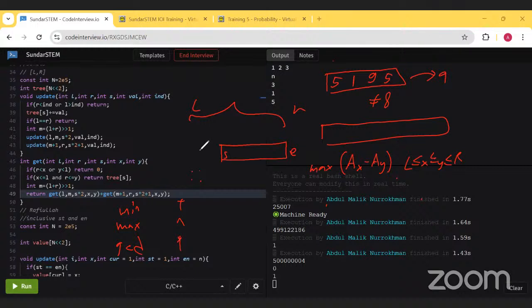Then how to find it? No, there is no binary search here. We are just using a simple segment tree. And of course, this also can be updated.